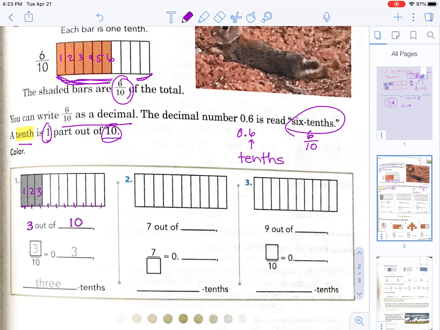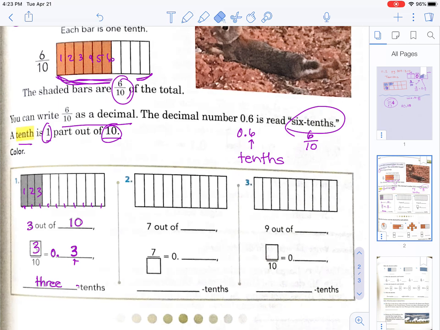What does that look like as a fraction, boys and girls? 3 parts out of 10. And as a decimal, we already have the 0 and the decimal point. It's 3 parts out of 10. So like 3 dimes. So 0.3. And we can write it in words as 3 tenths. Do you see that?